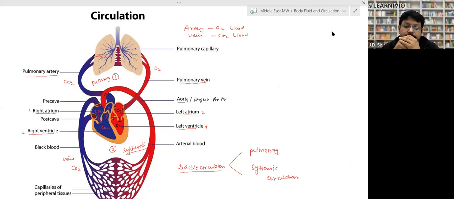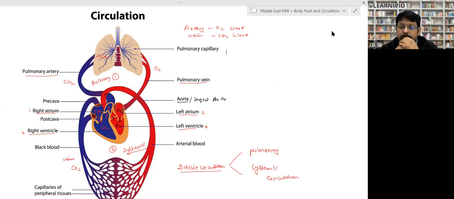Next point. The oxygenated blood is taken by pulmonary vein, which pours it into left atrium.